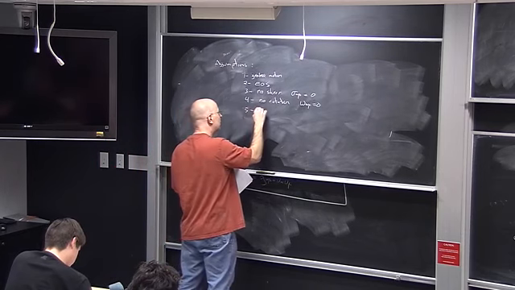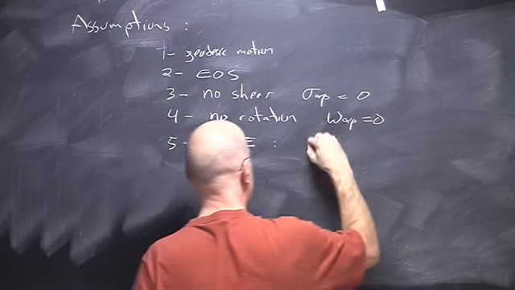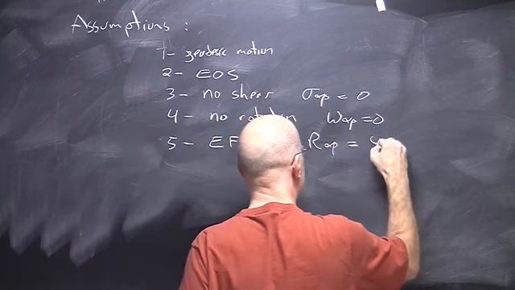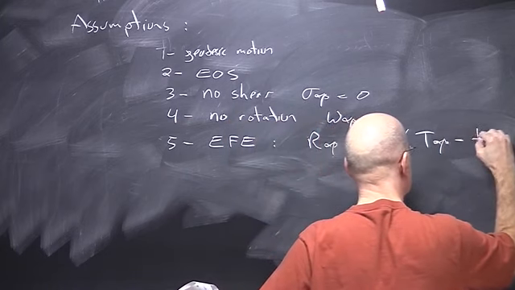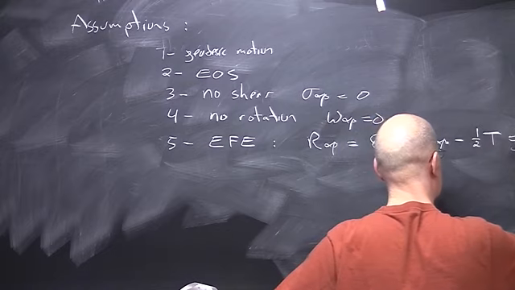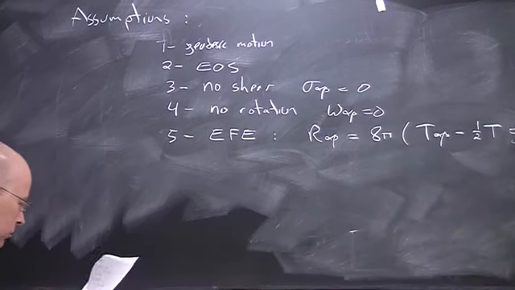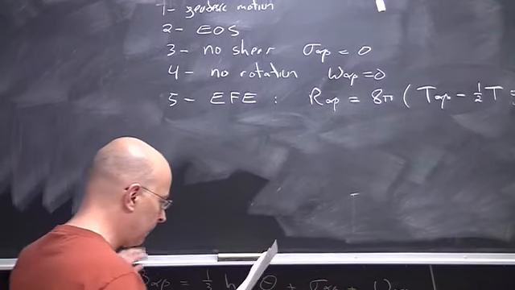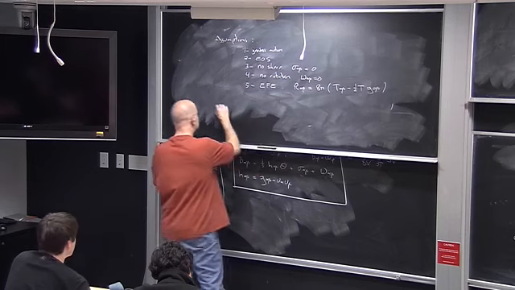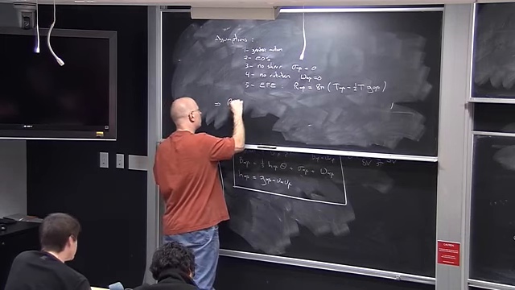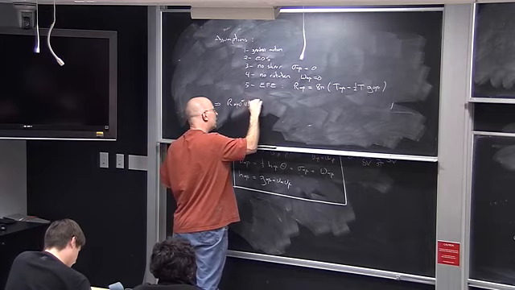I'm going to be assuming the Einstein field equations, and that means that the Ricci tensor can be written in terms of the energy momentum tensor. I have the expression over there for the energy momentum tensor that's built in. As a result of this, I have R alpha beta U alpha U beta.